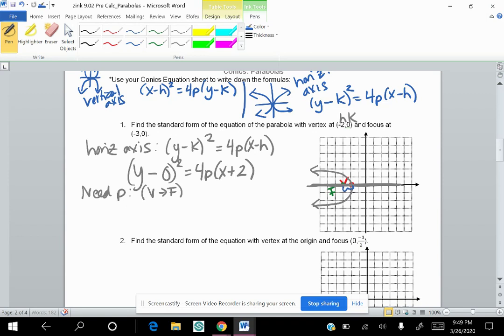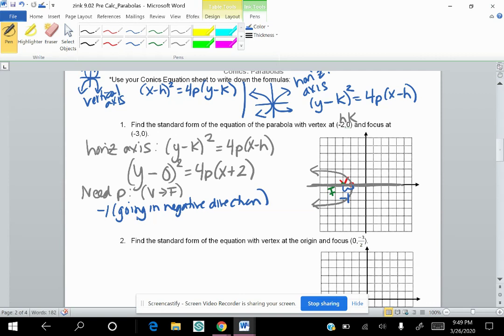How many boxes did I go? I went 1 box. So that means p is going to be 1. Now, did I go 1 box to the left or 1 box to the right? From the vertex to the focus, I went 1 box to the left. So that tells me it's going to be -1 because you're going in the negative direction.